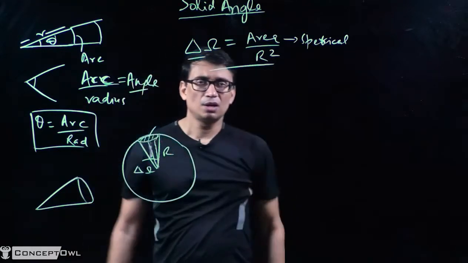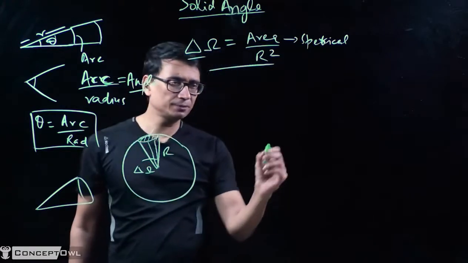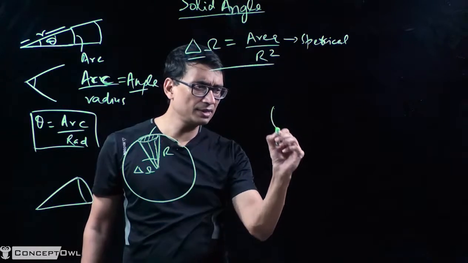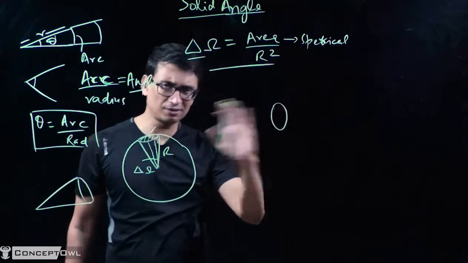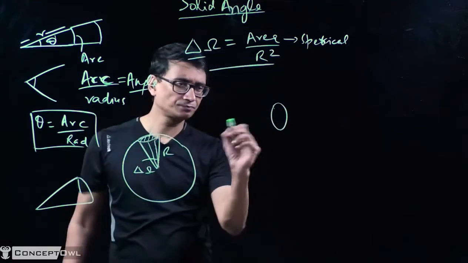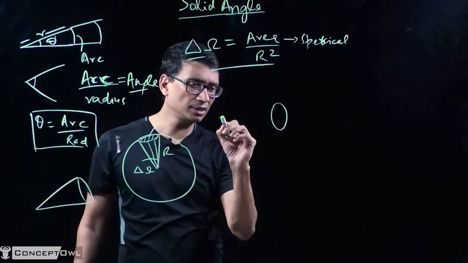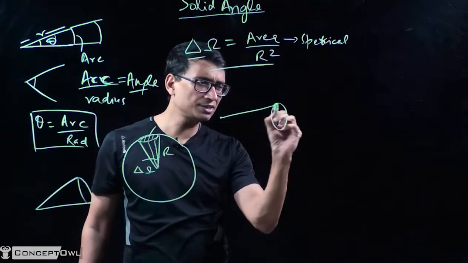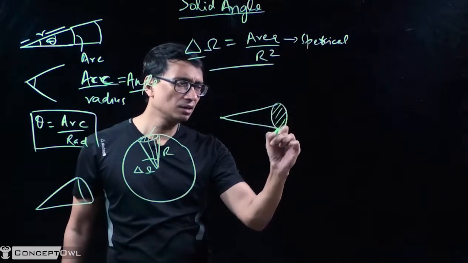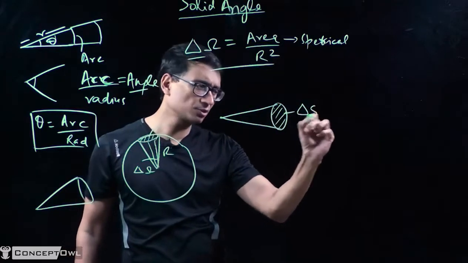Now let me take a small area. This is a flat surface. Here I can take a line, take a point, and ask the question, what is the solid angle? And this area, let's call this also delta S.